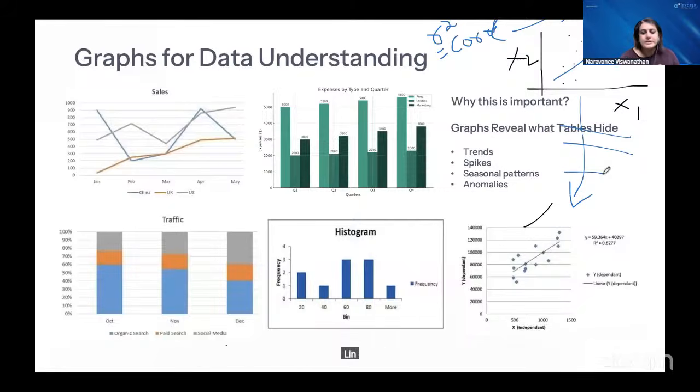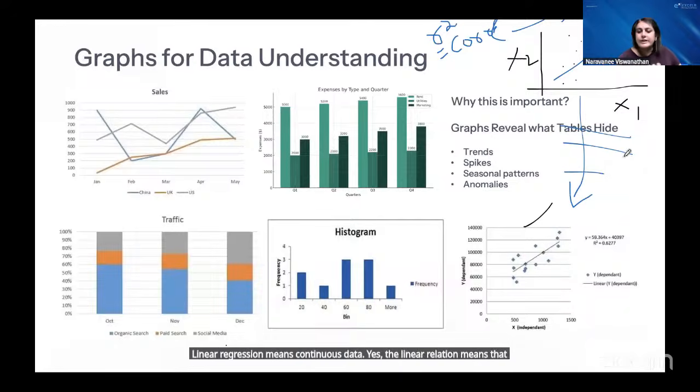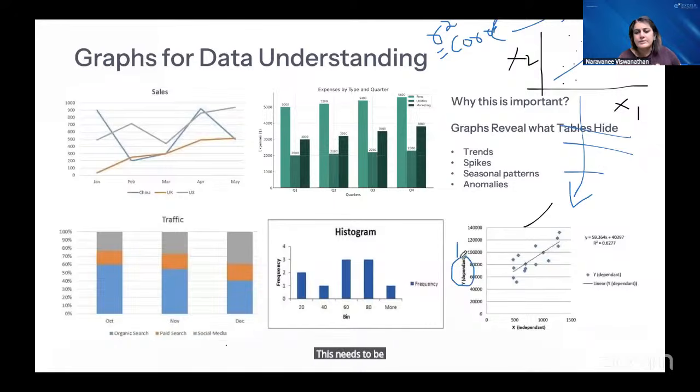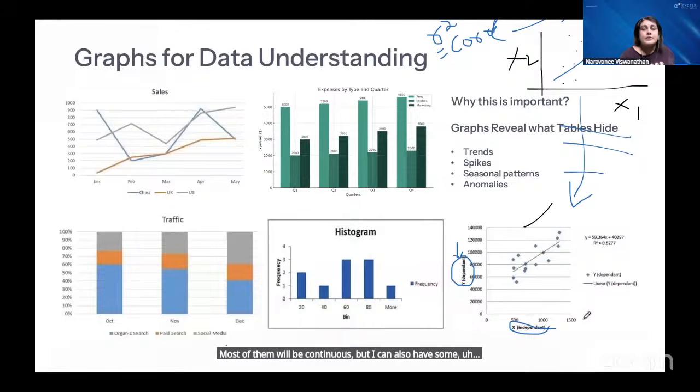Linear regression means continuous data. The linear relation means that my dependent variable, so here you can see I have a dependent variable, needs to be continuous data. My independent variable, most of them will be continuous, but I can also have some categorical data. Am I making sense?